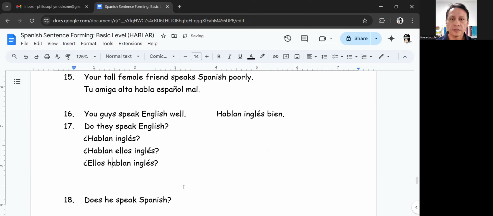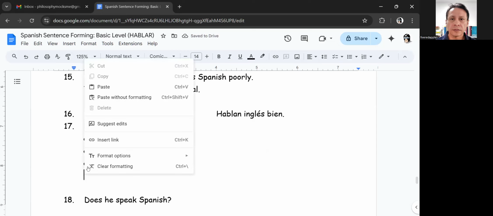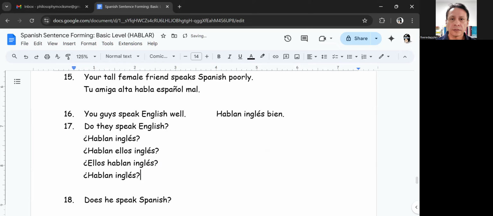Okay, so this is the flexibility of an inflected language. The word order isn't so strict. All four are perfectly good Spanish. Do they speak English? In context, you're talking about some group of people and it's clear that you're going to refer to them, you can just ask, ¿hablan inglés? Yeah, they speak English would be the answer, right?